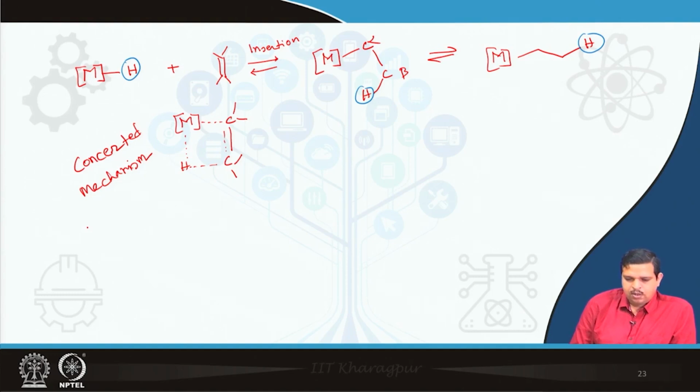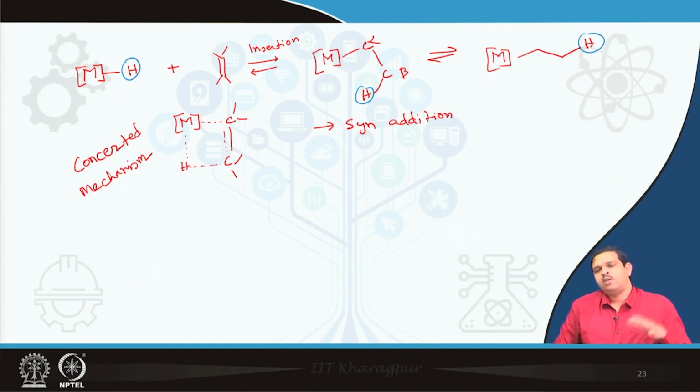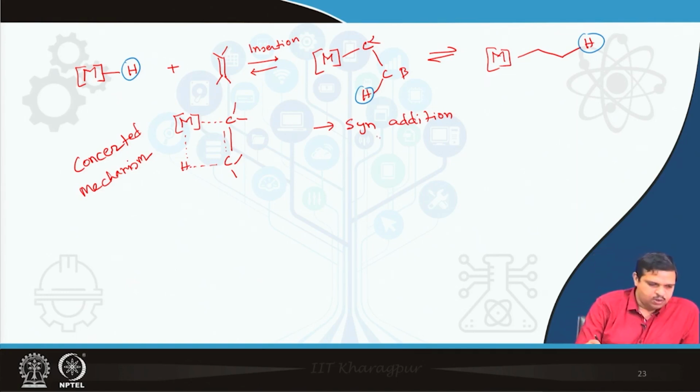Okay. Now, you will see that as it is a concerted mechanism, always the syn addition is favorable. That means, the alkene and the hydrogen should be cis in position; if they are trans, then this reaction cannot proceed. To beta carbon. Okay.